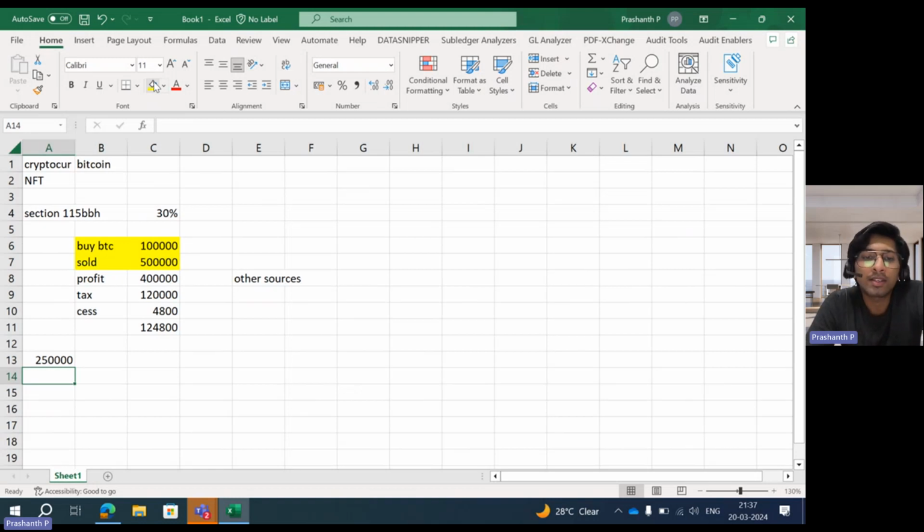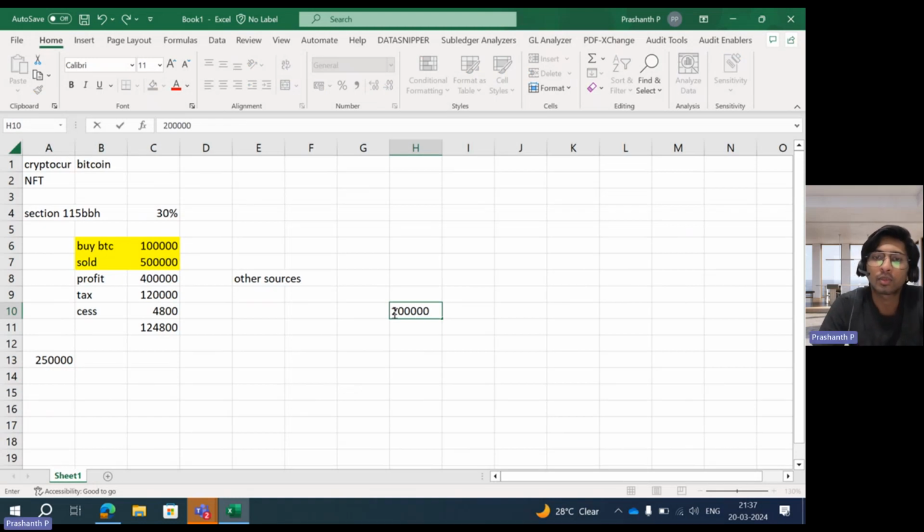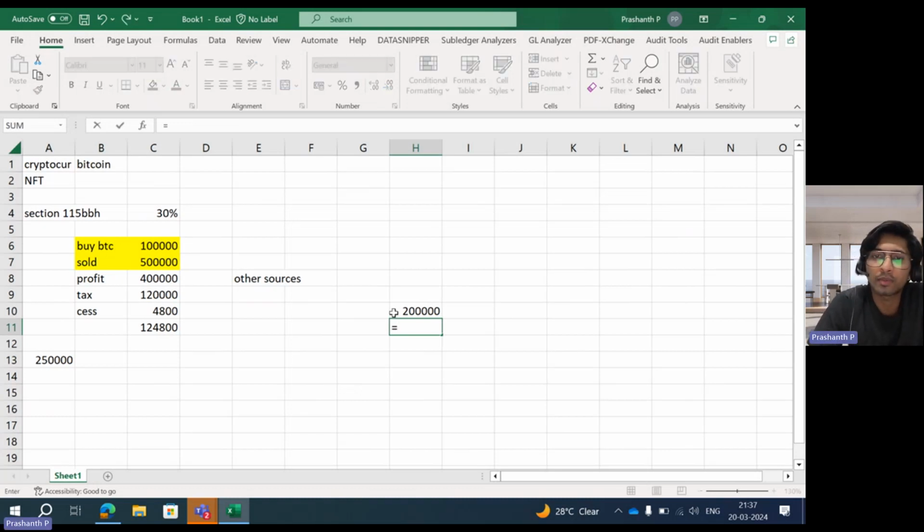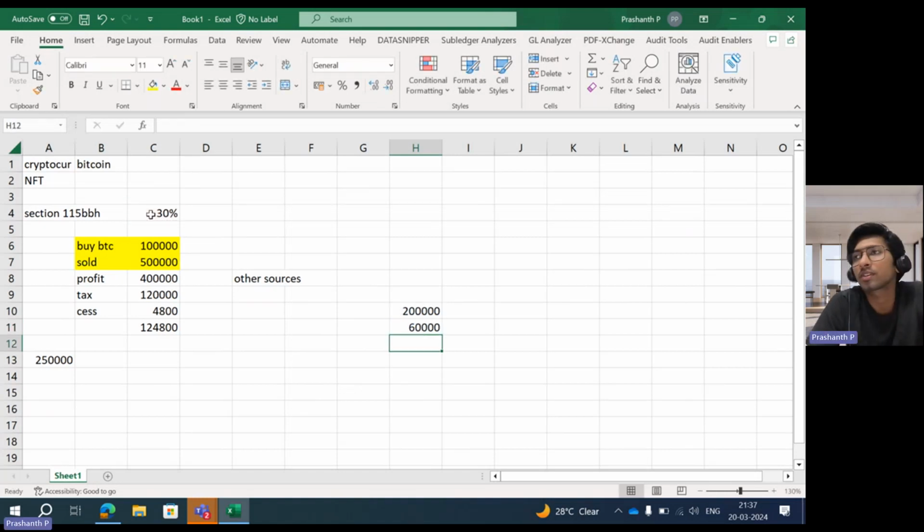So if I earn a profit by selling Bitcoin, let's say you earned a profit of 2 lakh rupees, will I be liable to pay tax? Obviously, I will have to pay tax at the rate of 30 percentage, right? 60,000 is the value. One doubt is whether the basic exemption limit can be deducted from this 2 lakh rupees.